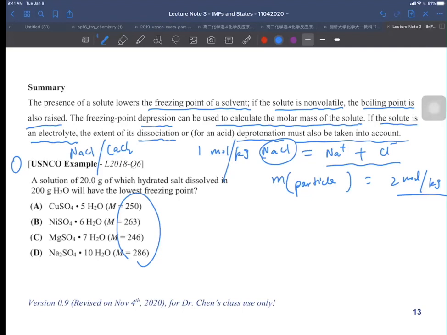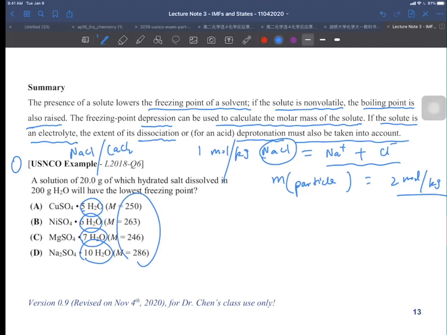There's another related question you may think about. Does the hydrated water matter here? It will probably make the solution slightly diluted, right?